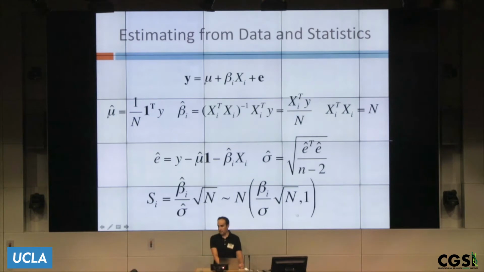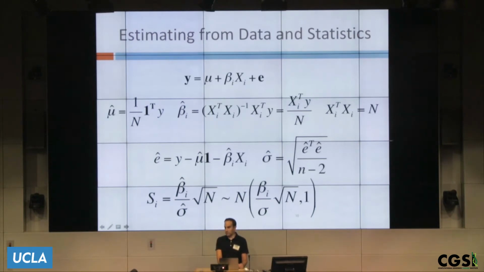And then similarly, if you want to compute the statistics, you just apply these other two formulas. It's actually really easy to compute the statistic, which is essentially your estimate of the effect size divided by your estimate of the environmental variance, times square root of n. This statistic is something you can really easily compute on your data, and once you get it, it'll follow this distribution.